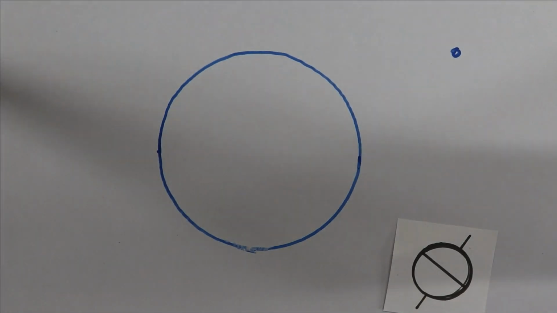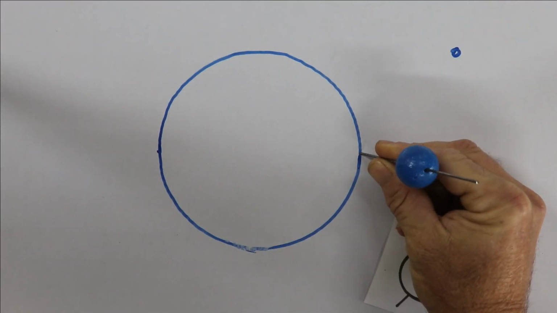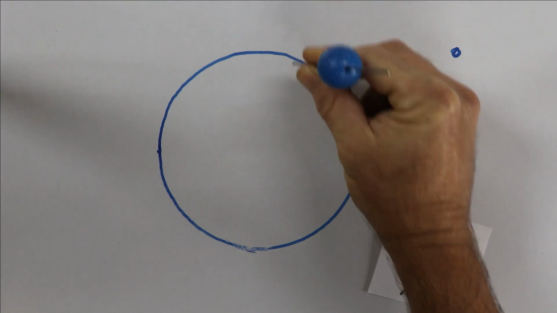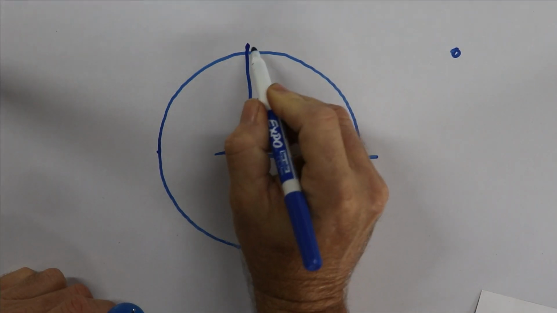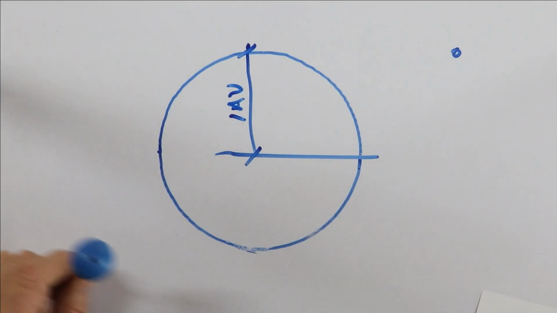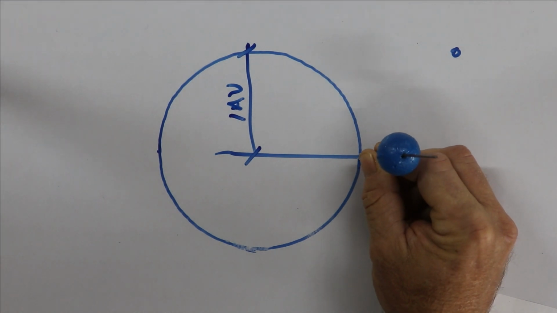if it did go around like that, let's suppose that it goes around in its orbit. Well, it's moved this distance. That's 1 AU. I mean, come on. That's 1 AU.